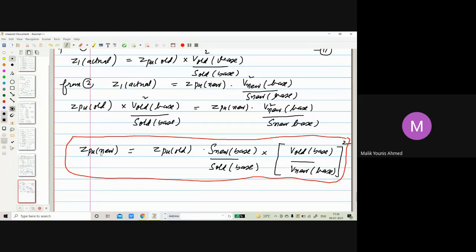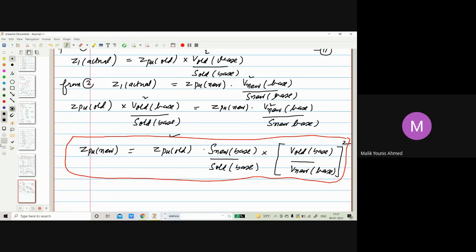So what we have: first, you will be given the old per unit value for any equipment. Second, you will be given the ratings of that equipment or device in terms of the voltage as well as the complex power base. Then you will be asked to find the new impedance value in per unit, given some new system basis.